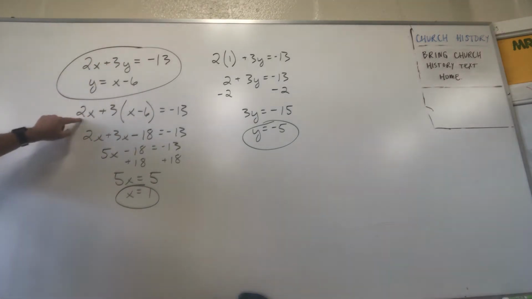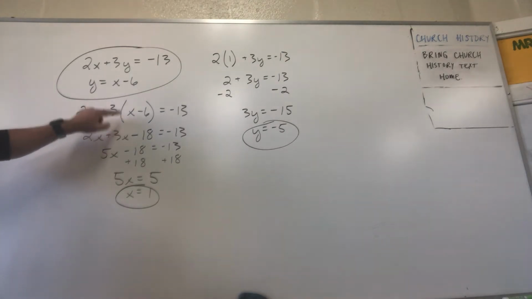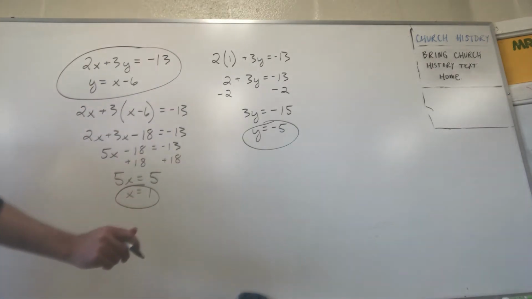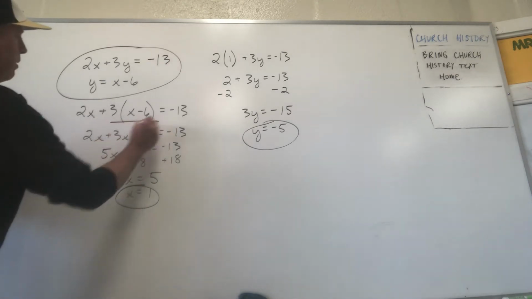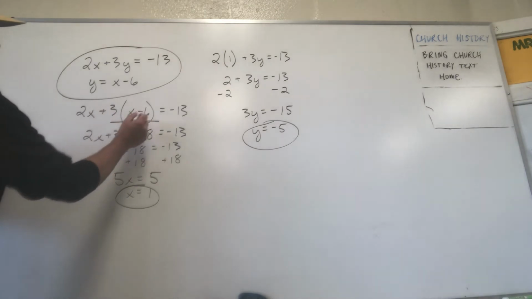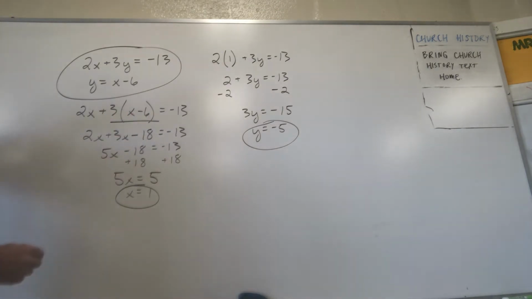I rewrote it as 2x plus 3 times (x minus 6) equals negative 13, because that's what y is. I did the distributive property: 3 times x is 3x, and 3 times negative 6 is negative 18.